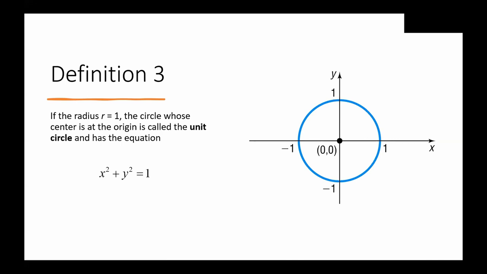What we did change, however, is the radius. In a unit circle, the radius is always equal to 1, and 1 squared is always going to be 1. So if someone asks what the standard equation of a circle is for the unit circle, it is actually x squared plus y squared equals 1.